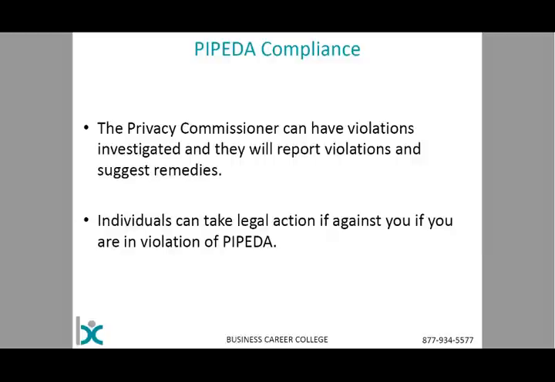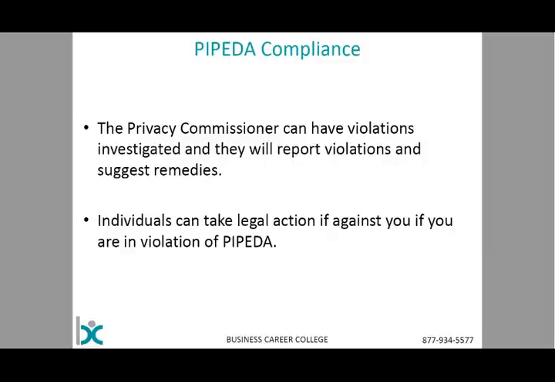But if there is a problem in any one of those areas, an individual can take legal action against you if you're in violation of PIPA. So as we said, that would require first the privacy commissioner to review and investigate the violation in question and report that violation.